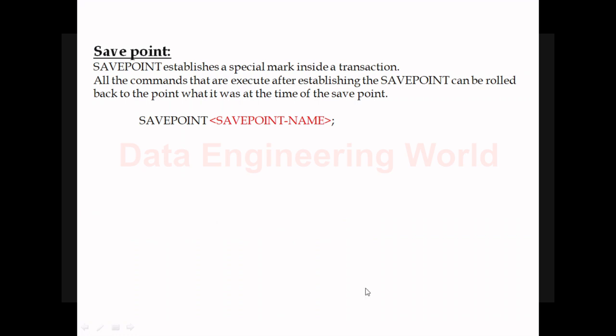Now we have another TCL command, which is SAVEPOINT. SAVEPOINT establishes a special mark inside a current transaction. All the commands executed after establishing the SAVEPOINT can be rolled back to the point where it was at the time of creating the SAVEPOINT.